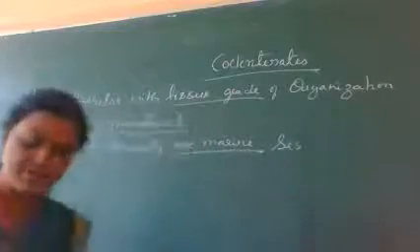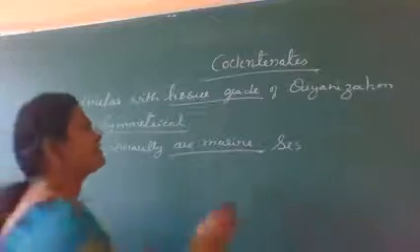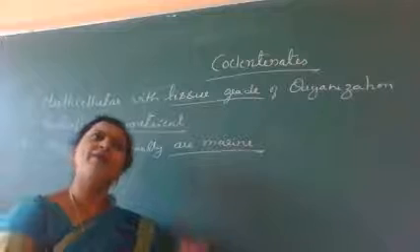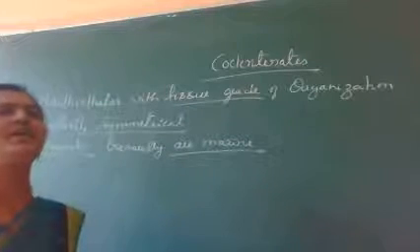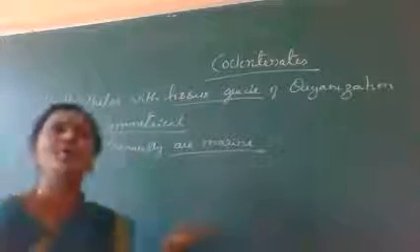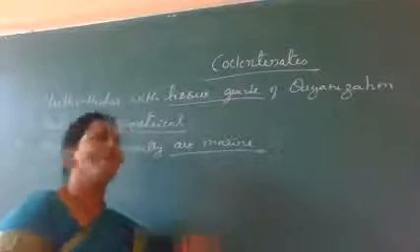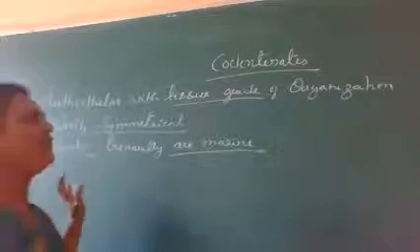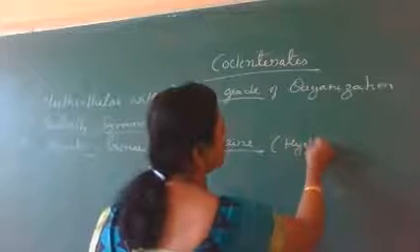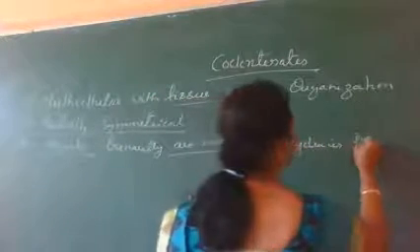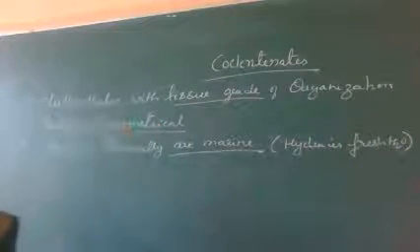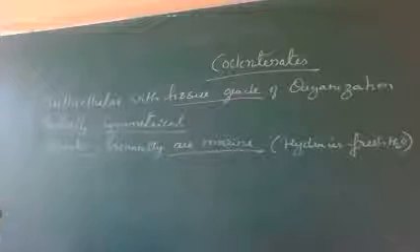We cannot use the term exclusive here, because there is one coelenterate that is freshwater. So generally marine, and Hydra is a freshwater form. This is the coelenterate always present in fresh water.